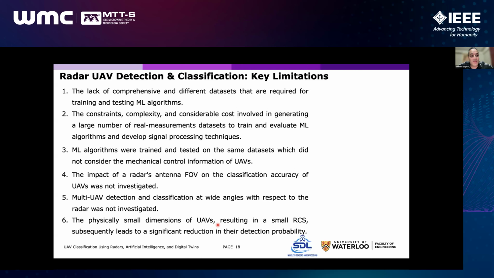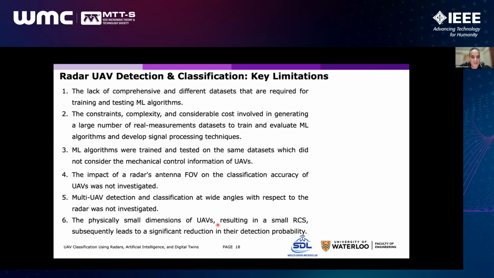And as you may know, the constraints, complexity, and cost involved in generating a large number of real measurements are significant, and such datasets are needed to train and evaluate machine learning models and develop signal processing techniques. Then, machine learning algorithms were trained and tested in the literature on the same datasets, which didn't consider the mechanical control information of drones.